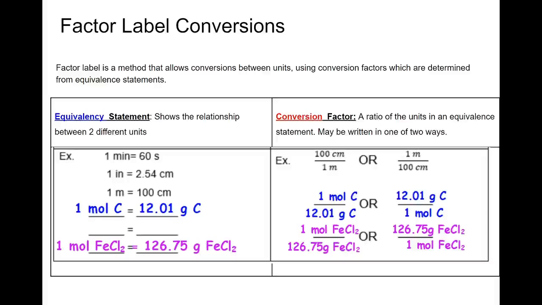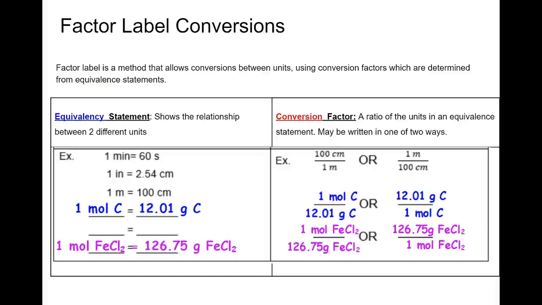So 1 mole of carbon was equal to 12.01 grams of carbon. 1 mole of iron 2 chloride was equal to 126.75 grams of iron 2 chloride. We also had 6.02 times 10 to the 23rd atoms are equal to 1 mole of atoms.